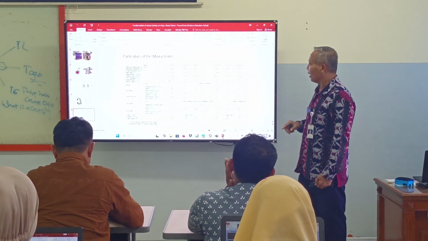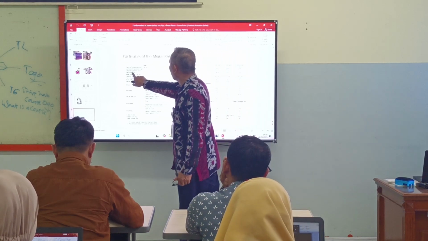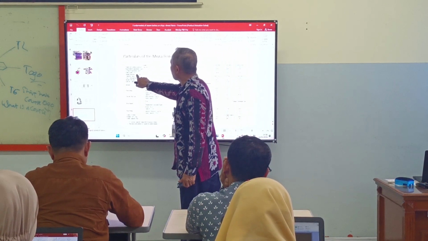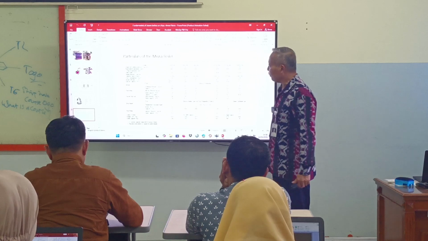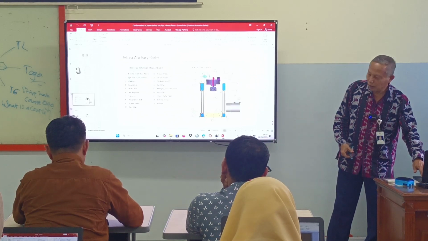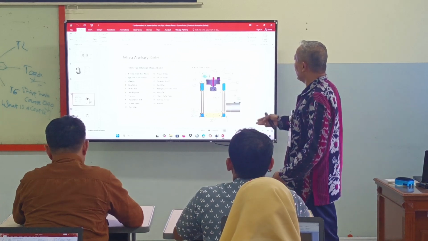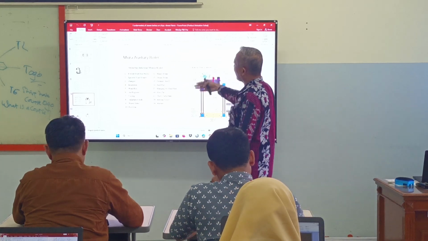Okay, this is the steam pressure. It is particular to the PIP Semarang auxiliary machinery. This is the internal construction of the Miura.